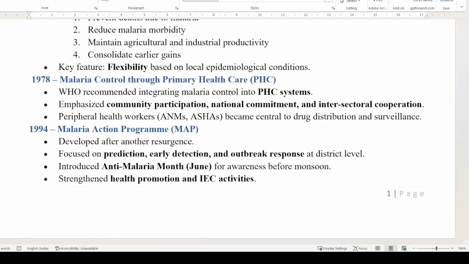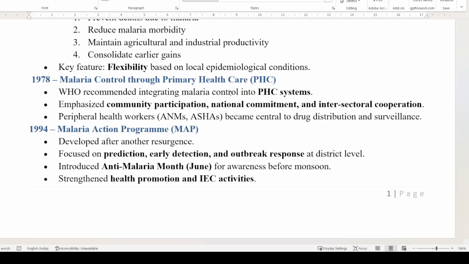It emphasized community participation, national commitment and intersectoral cooperation. Peripheral health workers like ANMs and ASHAs became central to drug distribution and the surveillance system of malaria control.